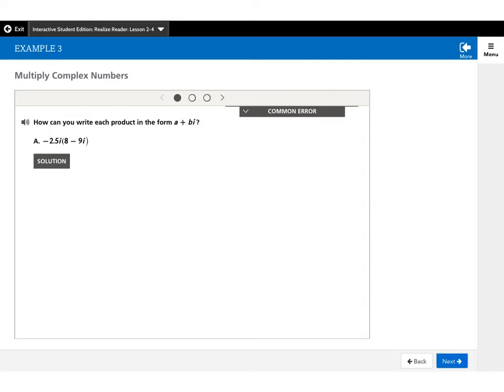Multiplication is no different. We follow the same algebraic rules. Negative 2.5i times parentheses 8 minus 9i. So we just distribute it all together. Negative 2.5 times 8 should give me negative 20i. And over here, be careful, double negative makes a positive. That should give me 22.5. i times i is i squared.